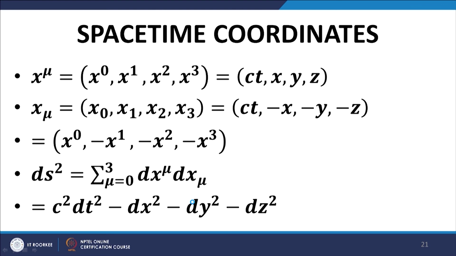Usually the summation is not explicitly mentioned when there is a repeated index, with one upper and one lower. This is the Einstein summation convention, and this is what is invariably followed in all texts on field theory and relativity. So we shall be doing that, and so ds square is equal to dx mu dx mu.